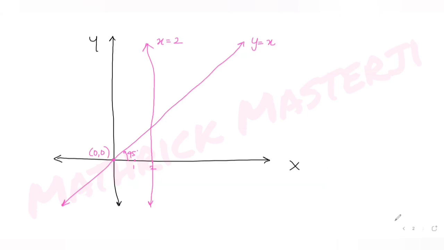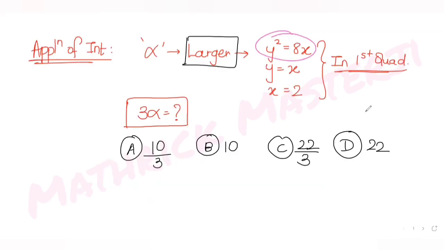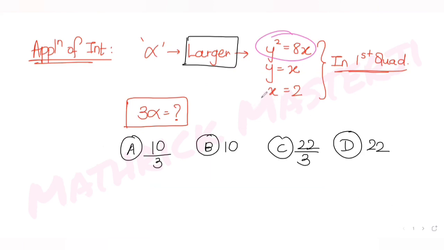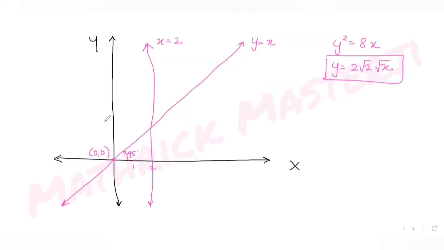Now we have one more equation, the equation of the parabola. y square is given to us as 8x. If I take the square root, y becomes 2 root 2 root x. Now I have to find the point of intersection of the parabola with the line.